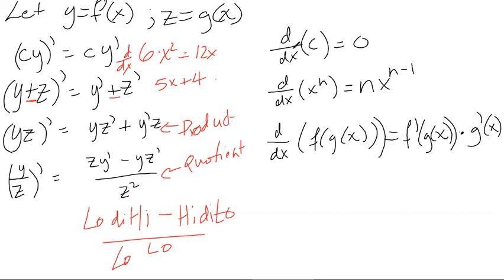Some constant ones to remember: the derivative of a constant is always equal to 0. If you look at a graph for a constant, there is no change in slope, and that's why it's always equal to 0. The derivative of this is going to be called the power rule.